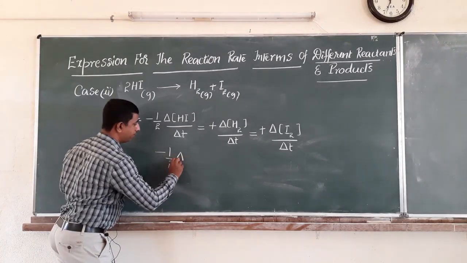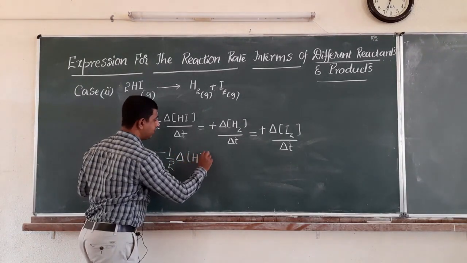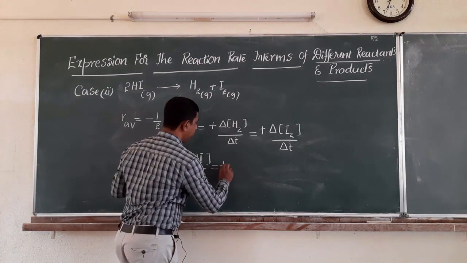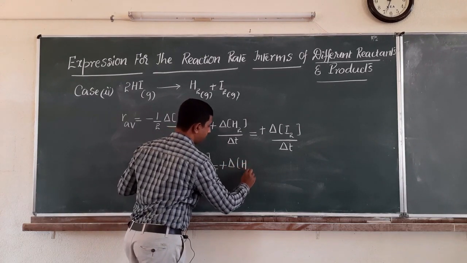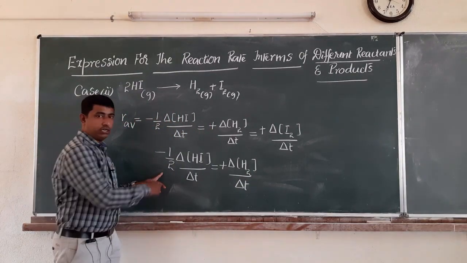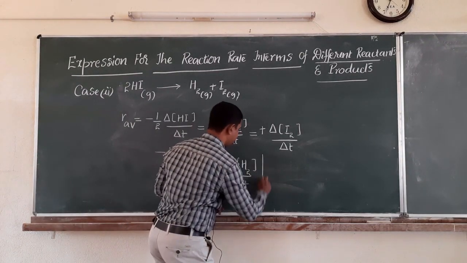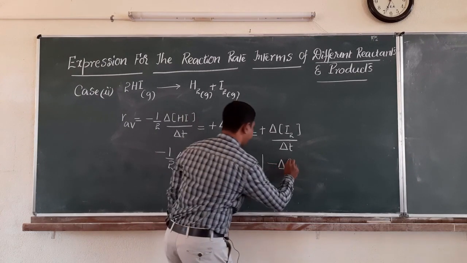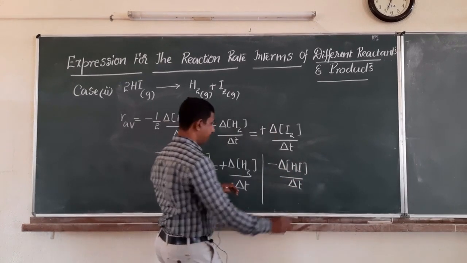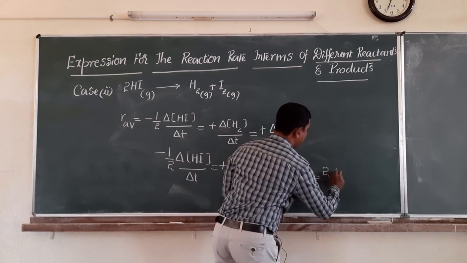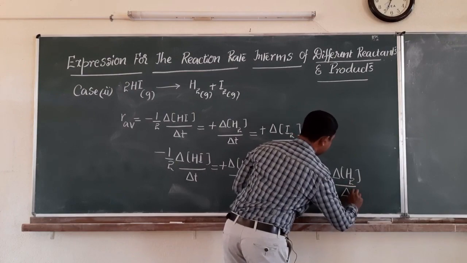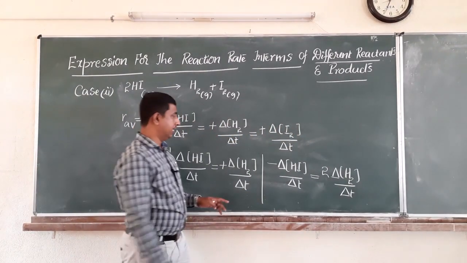Minus 1 by 2 delta concentration of HI by delta T is equal to plus delta concentration of H2 by delta T. On cross multiplying, I will get minus delta concentration of HI by delta T is equal to 2 into delta concentration of H2 by delta T.